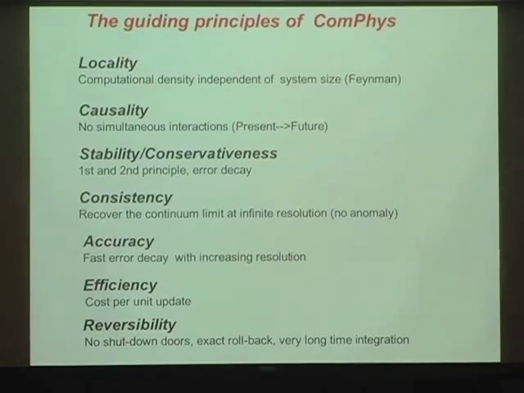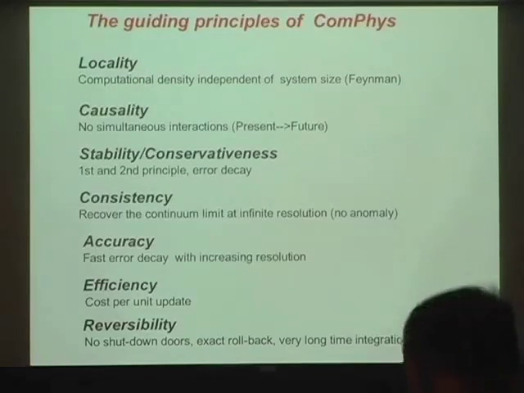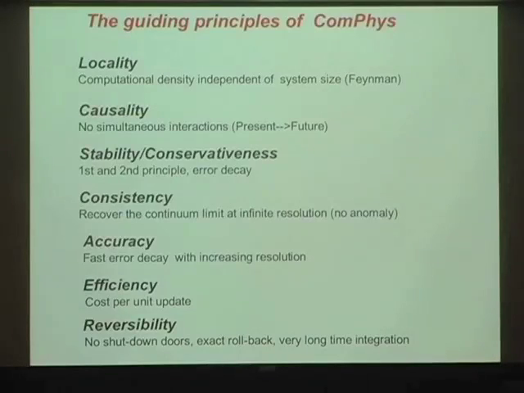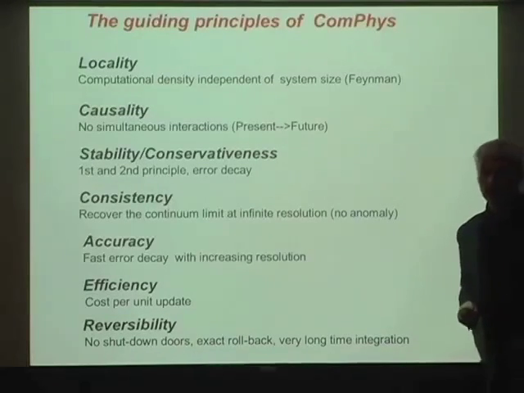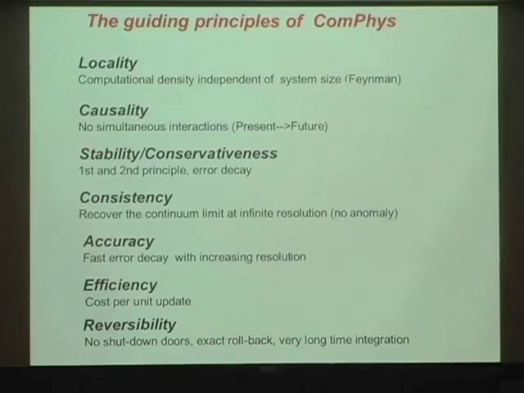Since most laws of nature are local and causal, I seem to remember that Feynman in his book writes that all good algorithms reflecting the physics should be local, meaning that the cost of updating a degree of freedom should be independent of the system size, which is generally not the case for most algorithms around. But in our lecture, I will be basically working within this assumption.